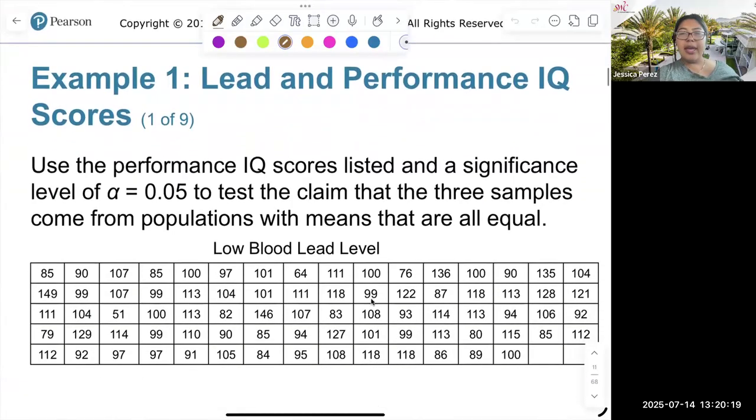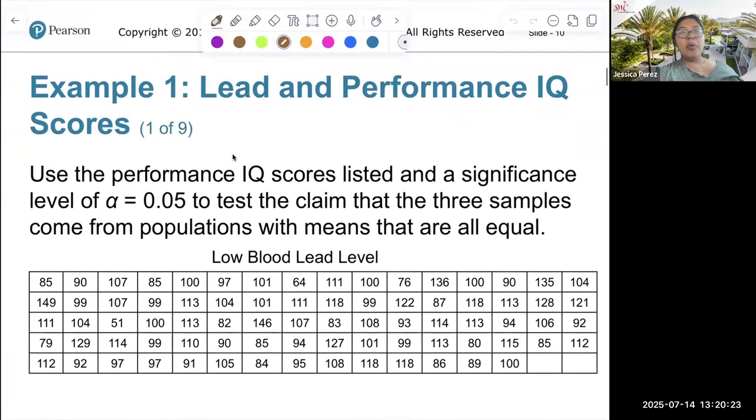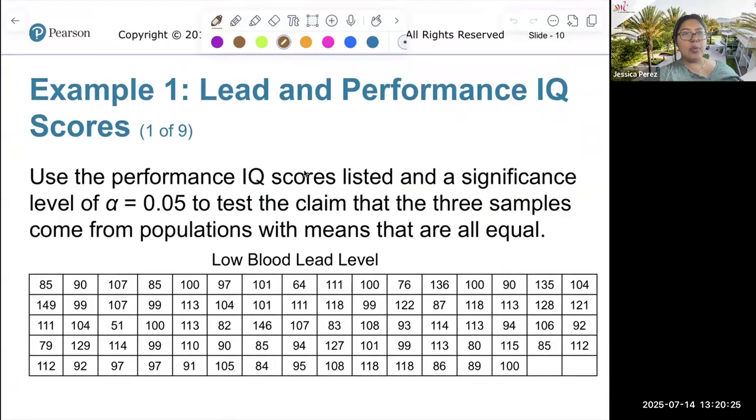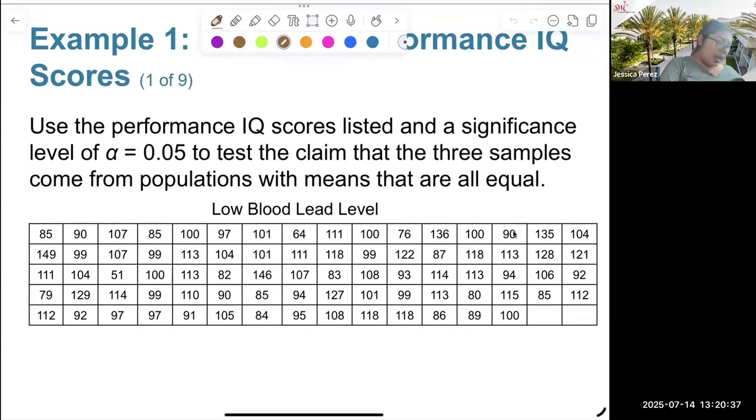Let's begin by looking at example number 1, lead and performance IQ scores. Use the performance IQ scores listed and a significance level alpha of 0.05 to test the claim that 3 samples from populations with means are all equal. So the hypothesis is the equality that mu1 is equal to mu2 is equal to mu3.